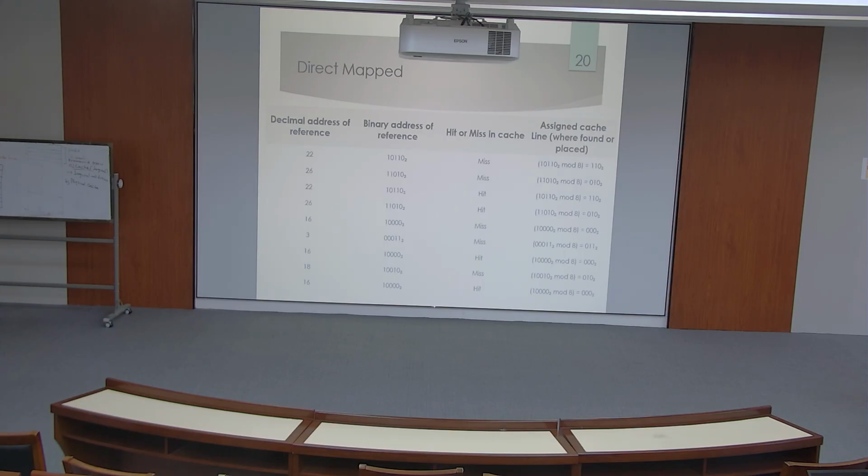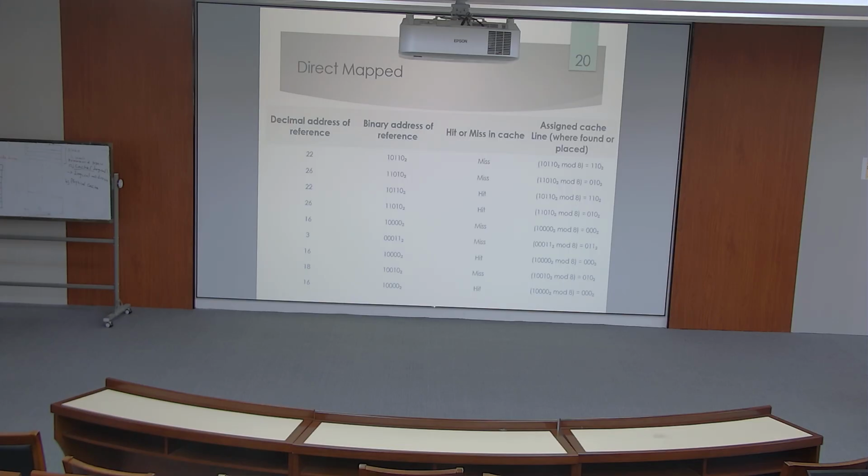Now the next one is 26. Block number 26 will be loaded in which cache line? The block number 26 from the main memory will be loaded in which cache line? We have 8 cache lines.